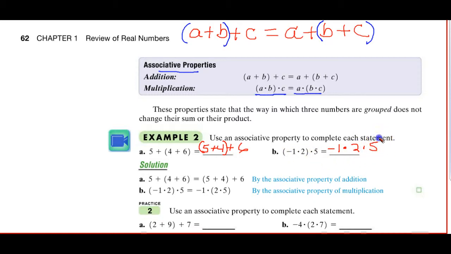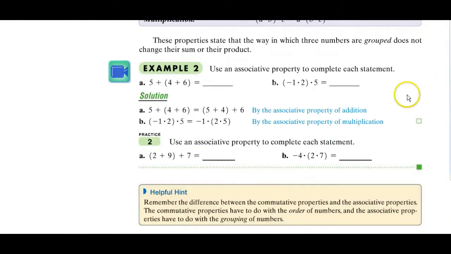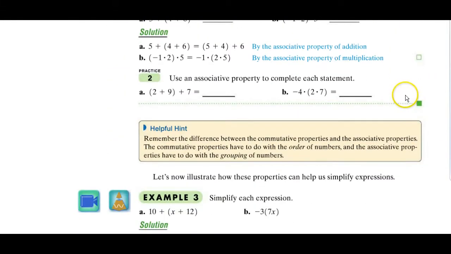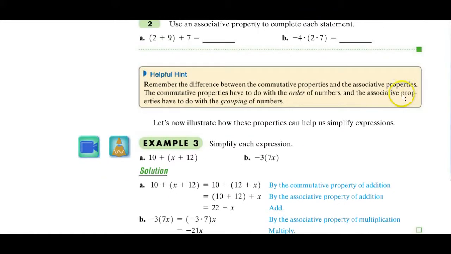But now we're going to group these two together. And they're saying the results are exactly the same. Remember, commutative relates to the order. You're reversing things. Associative, you're just grouping things differently.